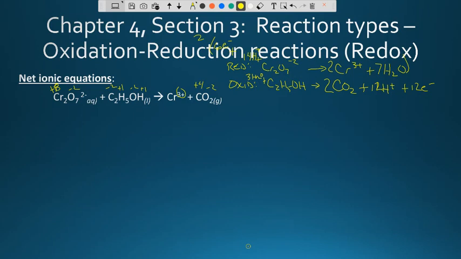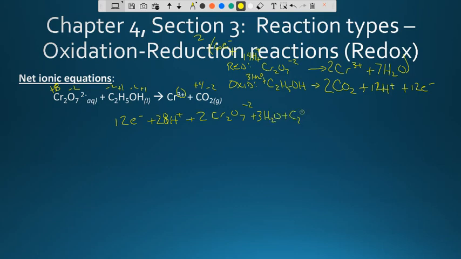All right, so let's rewrite this whole mess. Let's see what we've got. I have 12 electrons up here, 2 times 6, 2 times 14, that gives me 28 hydrogens. I have 2 of my Cr2O7 negative 2, dichromates. Don't forget about down below, I have 3 waters.